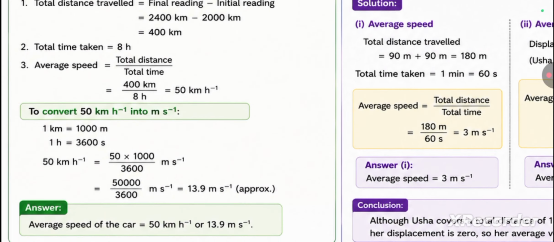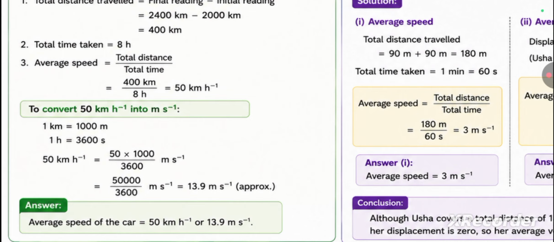Now we change 50 kilometers per hour into meters per second, which is 50 into 1000 by 3600 meters per second. So we multiply and divide to calculate these values, and we get 13.9 meters per second approximately.